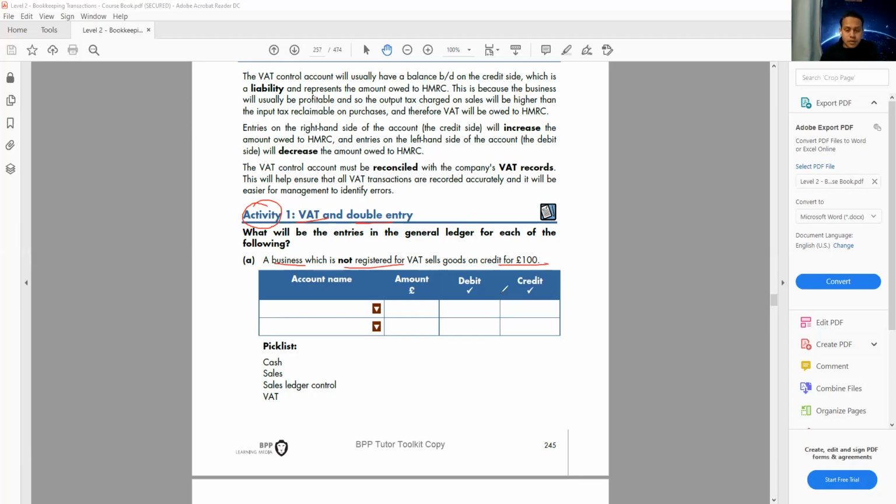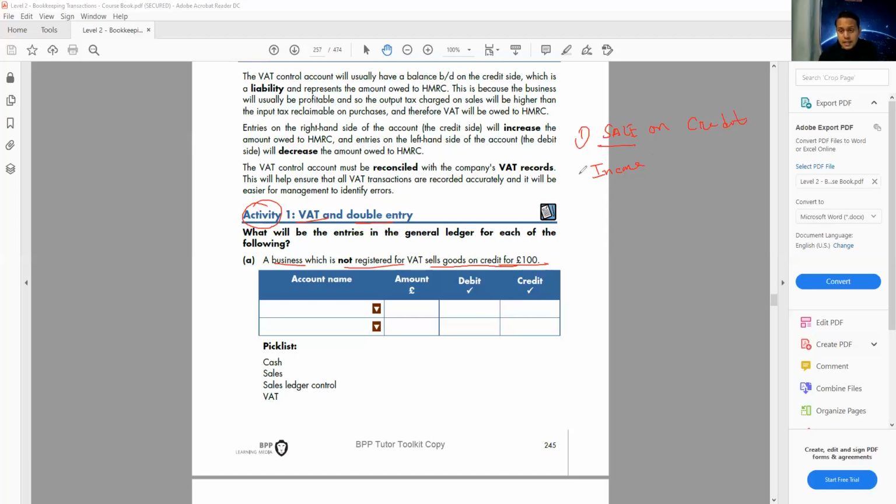So sales on credit. When there is a sale on credit, what is the journal? Sale is income, isn't it? So when I make a sale, my sales go up.